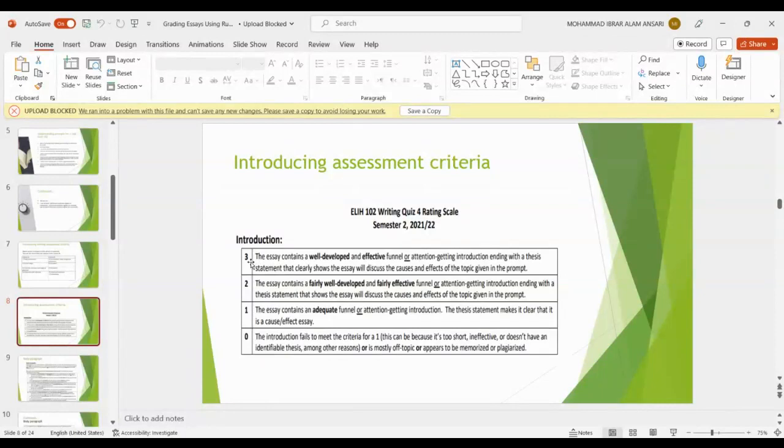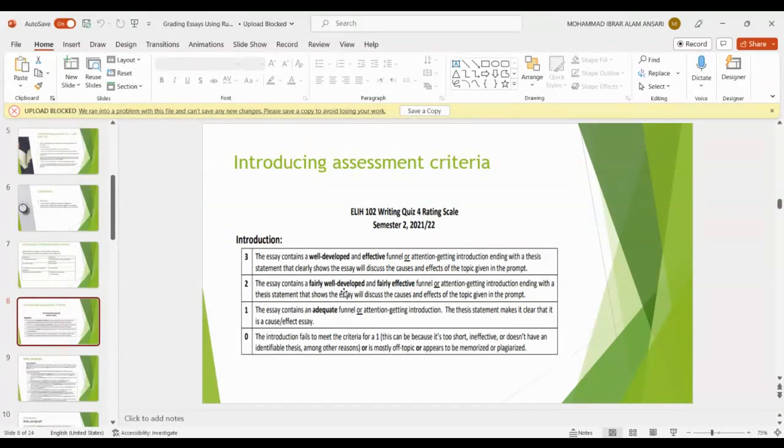That is 3 in the introduction. So we need to pay attention to the highlighted words, well developed and effective funnel. If you are grading an essay and you find a well developed or effective funnel introduction, which clearly mentions causes and effects, you have to give full marks.